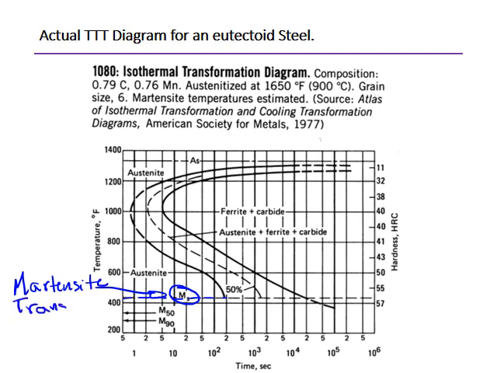So MS means that Martensite transformation starts. So if you quench from high temperature to anything below this temperature, you will start to form Martensite.